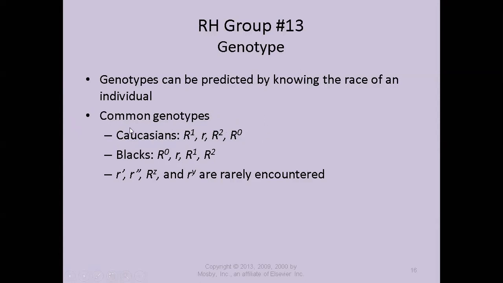If, however, you happen to be black, you could see that the prevalence is somewhat different. So same ones are there, but in blacks, the R0 is more common, followed by little r and then big R1 and big R2. Among both races here, little r prime, little r double prime, big RZ, and little ry are rarely encountered. So these are very uncommon genotypes.